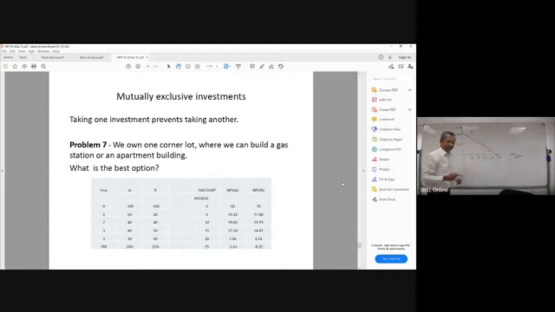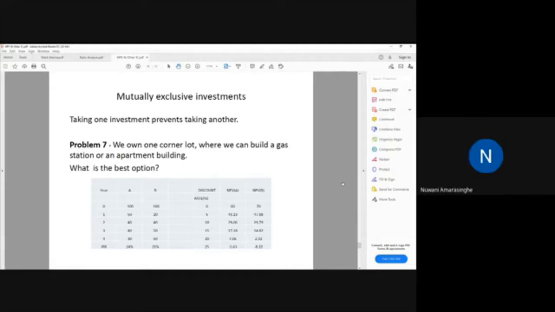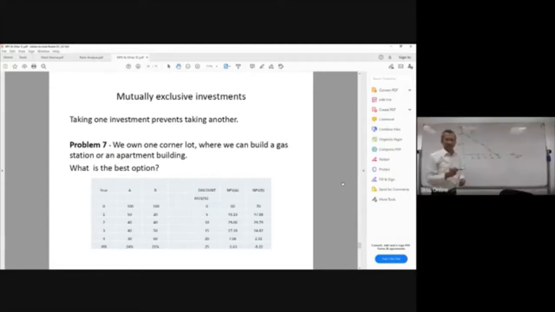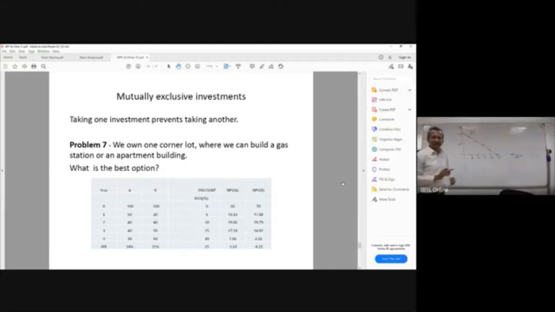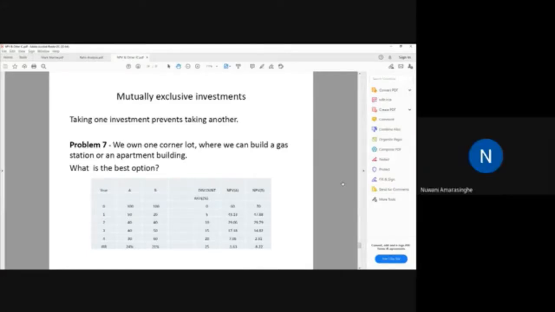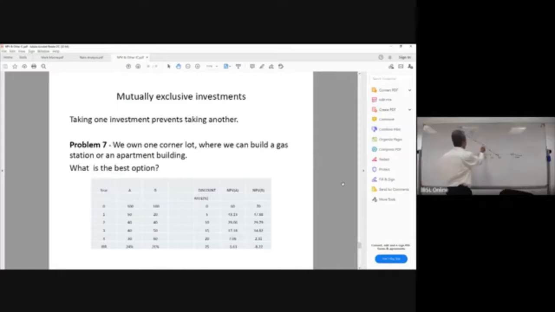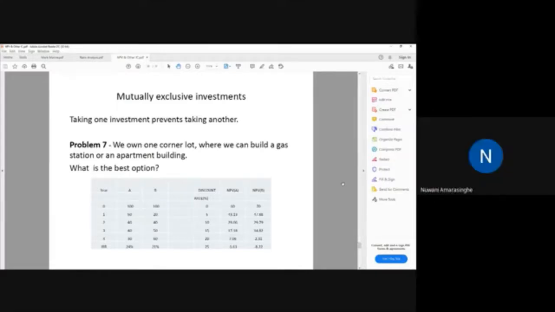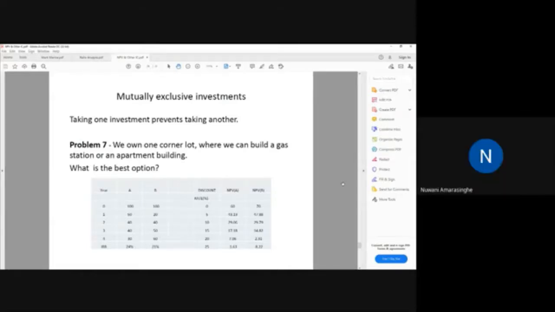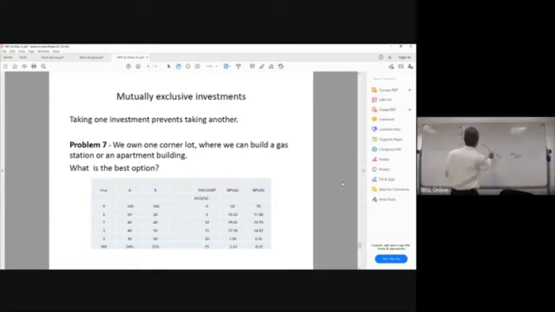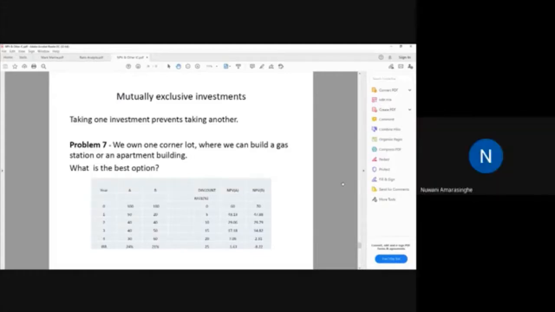Okay. Then 10%, 29.79, a little more than the previous one. Then at 15%, 14.82, that is less than this. Yes. Then 20%, 2.3. Then negative 8.